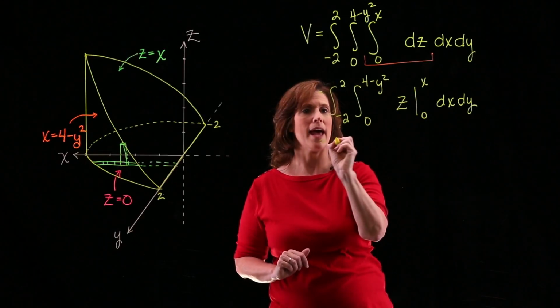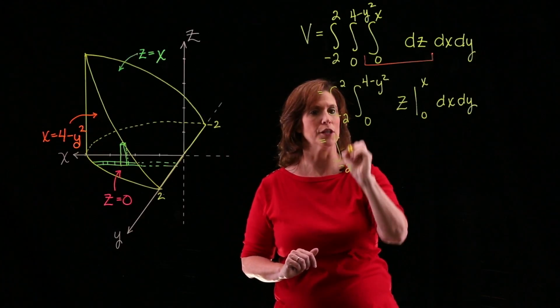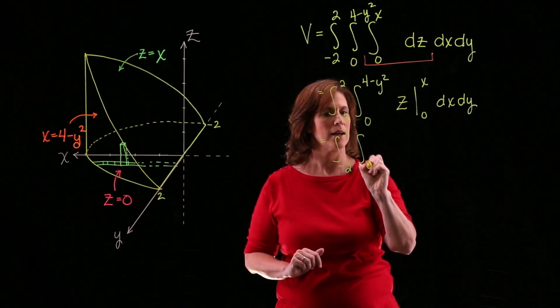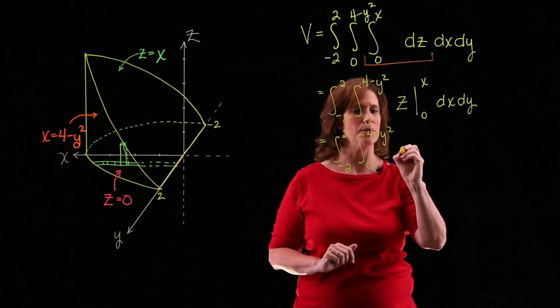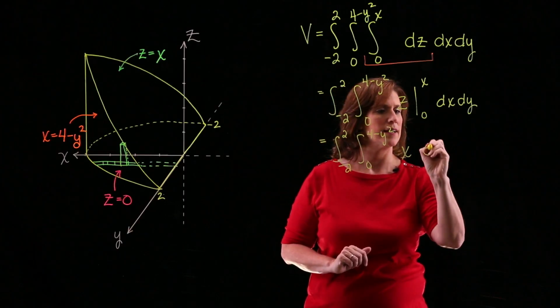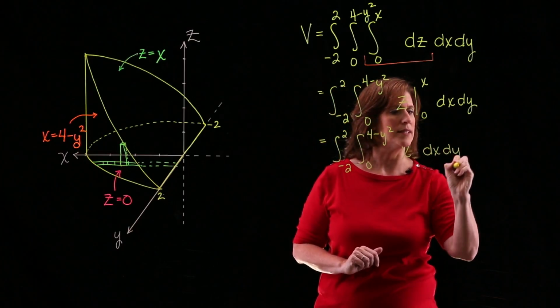Plugging in the upper limit and subtracting what happens when I plug in the lower limit, I'm going to have x minus 0, which is just x, dx dy.